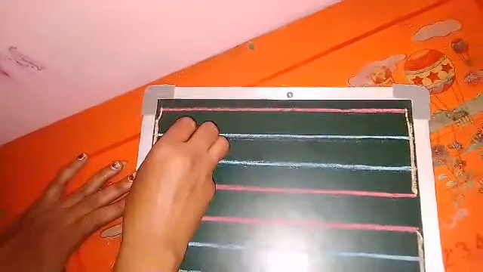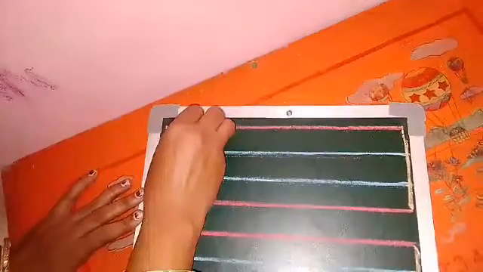So without wasting time, look at the blackboard everyone and practice in your copy also. Okay, so let's start. For D, firstly we will start from third line to second line upward and then downward, again upward, third line to first line.